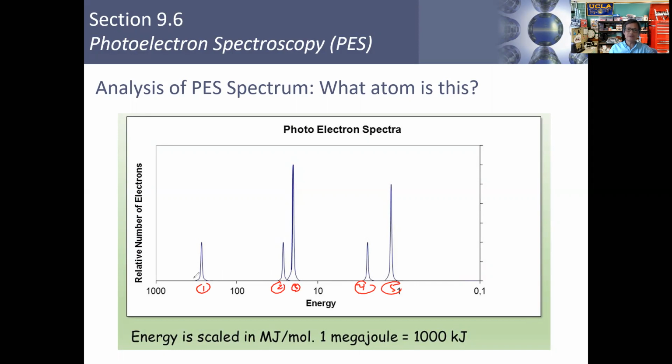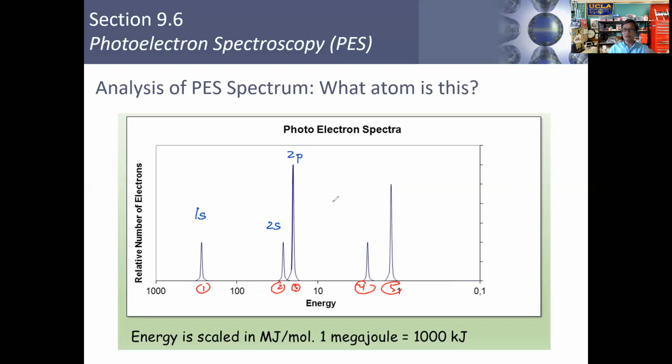The one furthest upstream will be the orbital closest to the nucleus. And what is that orbital that's always closest to the nucleus? That orbital will be a 1s orbital. Moving upstream then, this peak represents the electrons in the 1s orbital, this peak must represent the electrons in the 2s orbital, and this peak the electrons in the 2p.